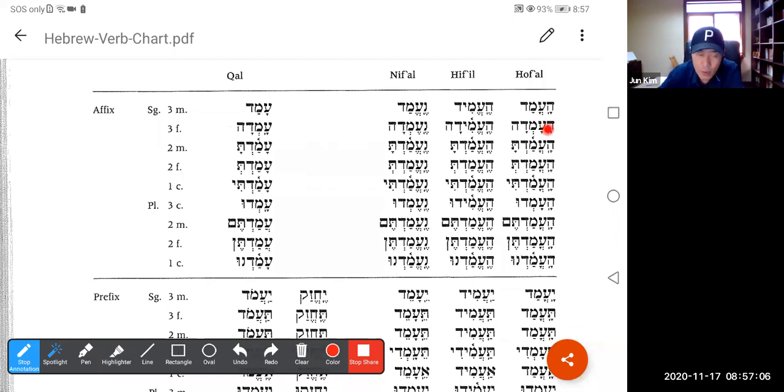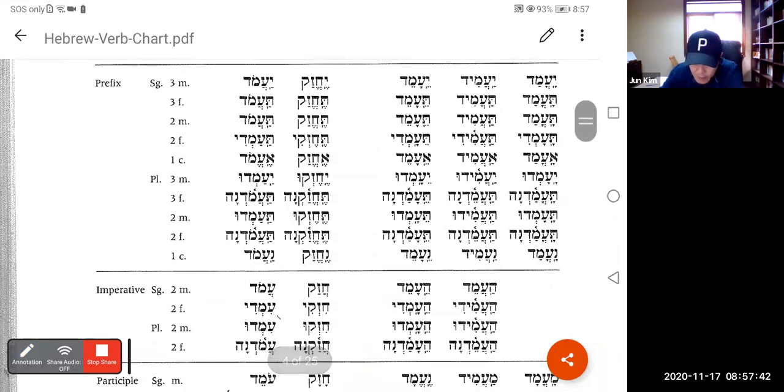And you know that shva cannot come under a guttural sound. So when a shva is supposed to be coming under a guttural letter, then the shva changes to a composite shva. That's why we have composite shva instead of shva. But it is still what? Kamets hatuf. Okay.